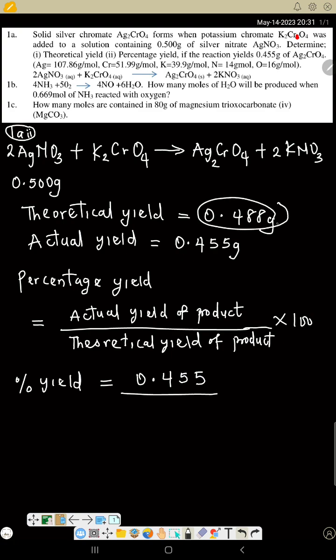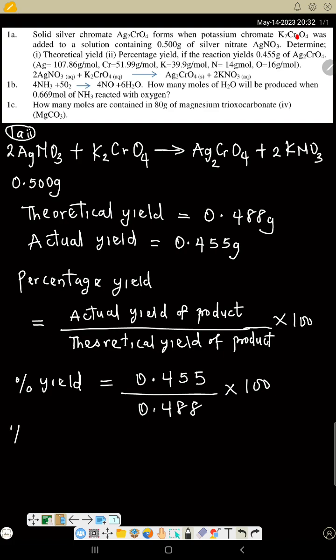How can you know whether you are right or wrong? Actual yield of products must always be less than theoretical yield of the product. So 0.455 divided by 0.488, the gram units cancel out, that is why I did not put units, times 100.